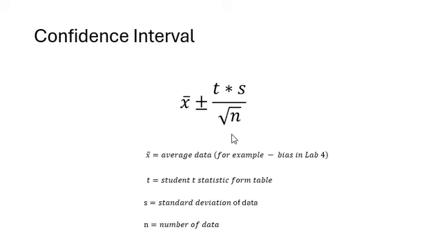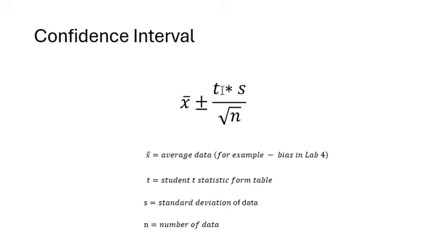Mathematically, we're going to calculate it this way. Since it is an interval, you have max and min, so you have your plus and minus. Every time you see plus and minus, you know that you're dealing with limits: the upper limit and the lower limit. Upper for the plus and lower for the minus. Here we're dealing with our sample mean, x bar, your average data. Since it is x bar, we're dealing with the sample.